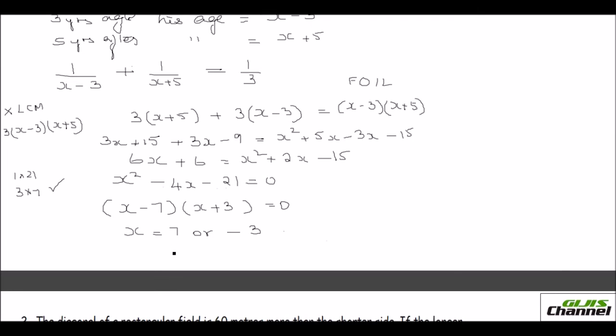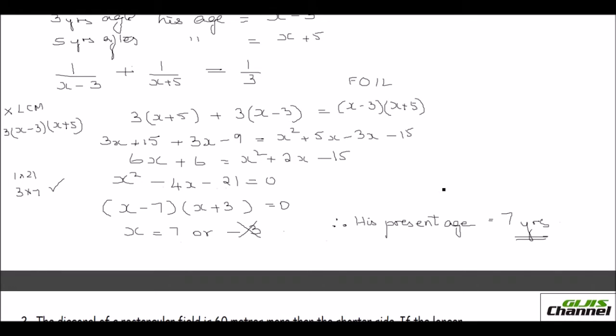Since x is the age, and you have assumed the present age to be x, I can't take the negative value, so I take 7 as my answer. 7 years. So his present age is 7.